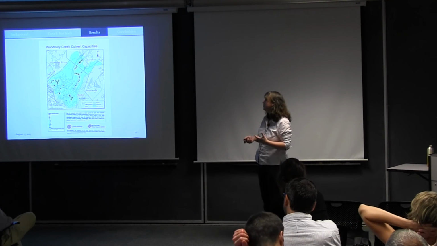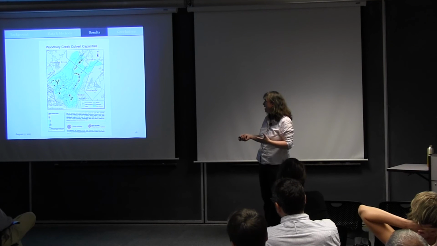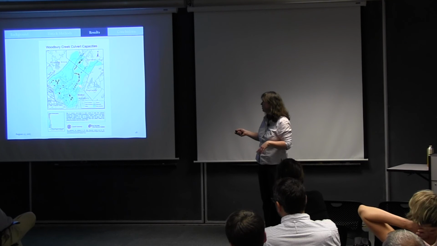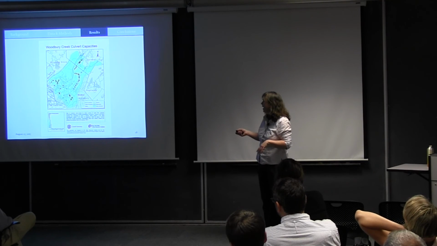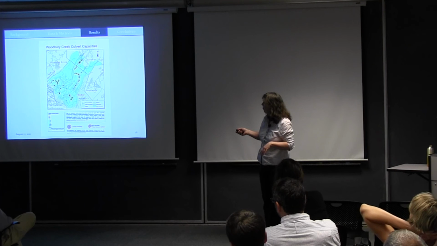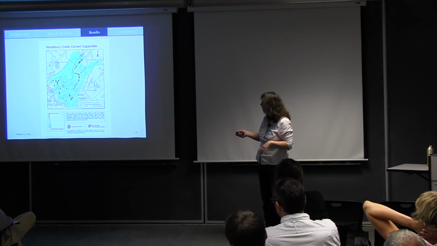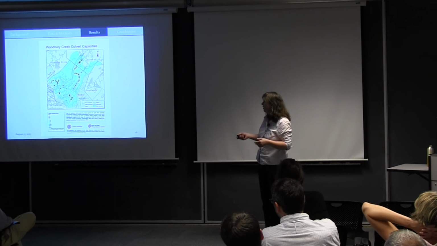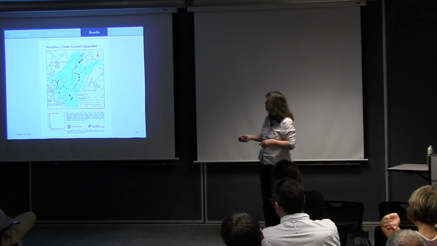So I actually gave these maps to the cities or towns that were in or close to these watersheds. And I said, these dark red culverts are your problem areas. These are the ones that are going to flood the most frequently. And you can see from this map that quite a few of them are in the orange and red range, which means that they're likely to be inundated or exceeded every 1 or 2 years.